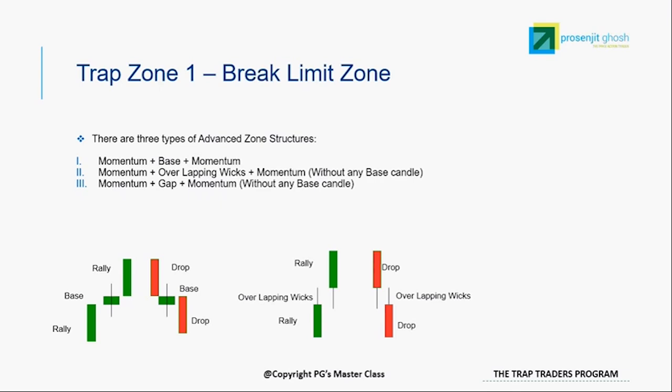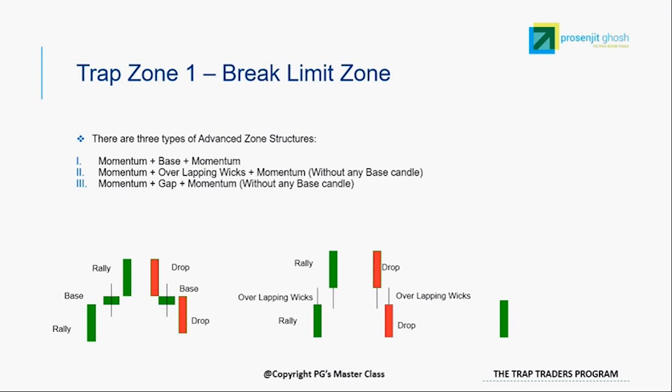Okay, these two wicks of the candles are touching each other, right? And this is known as overlapping wicks. So this is a supply structure where we have a momentum candle, overlapping wicks, and another momentum candle. Okay, so drop, overlapping wicks, drop. So this is the second advanced pattern we have.